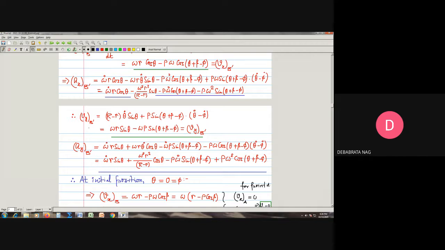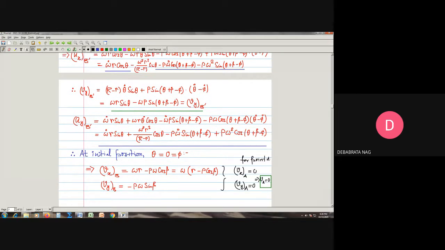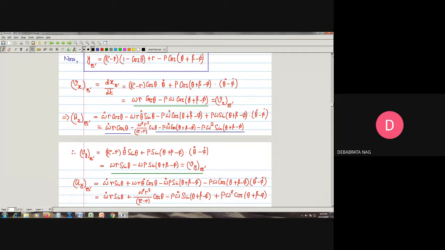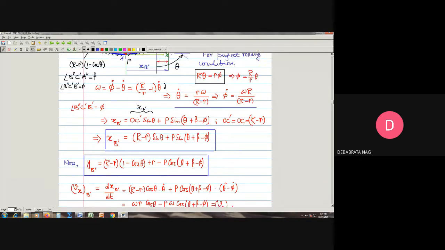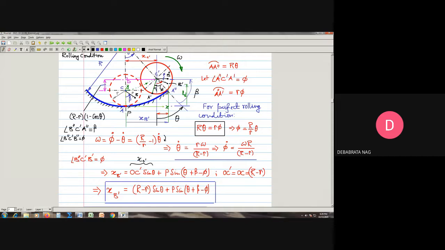And similarly, if you come to this, put theta equal to 0 and phi equal to 0, will make the y component of the velocity of the point B equal to minus rho omega sine beta. We said why we took the point B, because we said at the onset that the parameters rho and beta actually define all possible points on this body.